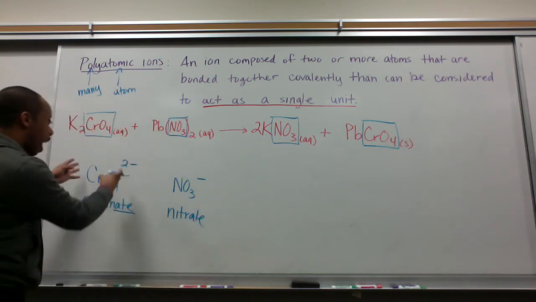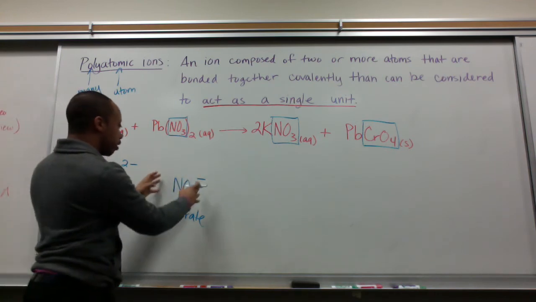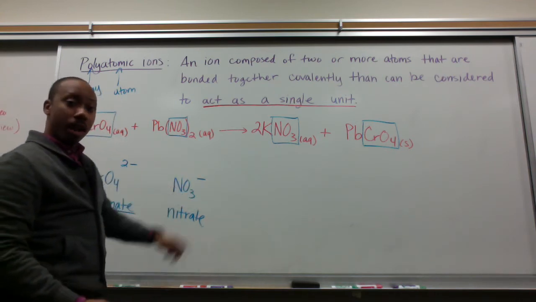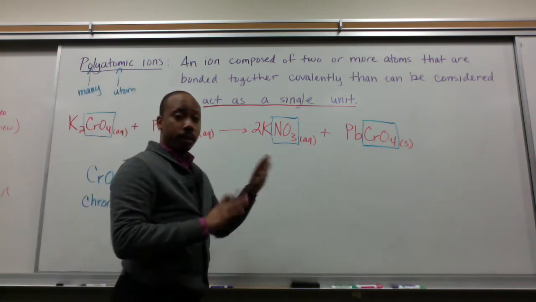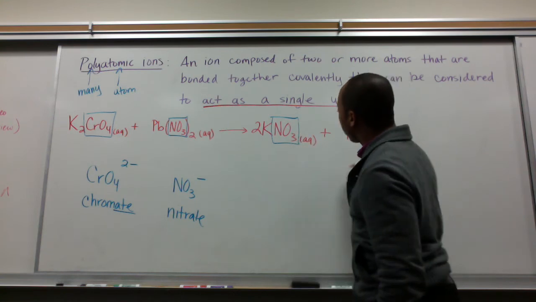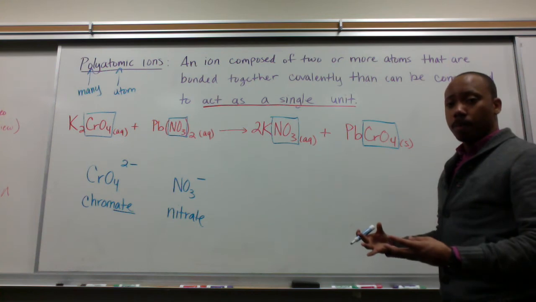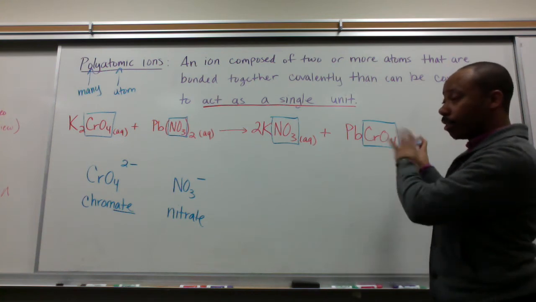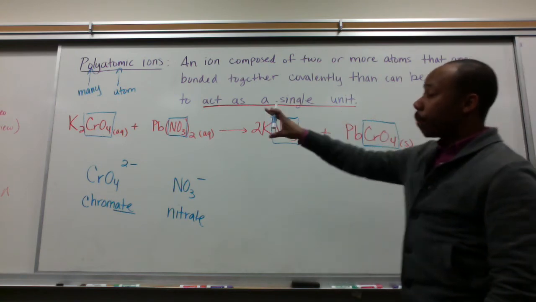And remember, this entire cluster here has a charge of 2 minus. This entire cluster here has a charge of 1 minus. We're not going to go into why, but they do. And the same is true over here. They haven't changed. This is NO3 with a 1 minus charge and CrO4 chromate with a 2 minus charge. Again, atoms haven't been created on this side, they're just being rearranged. And this is how we get our compounds here.